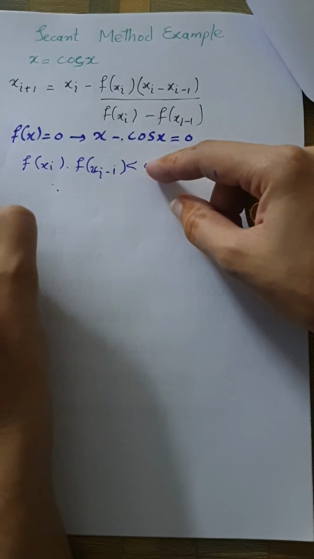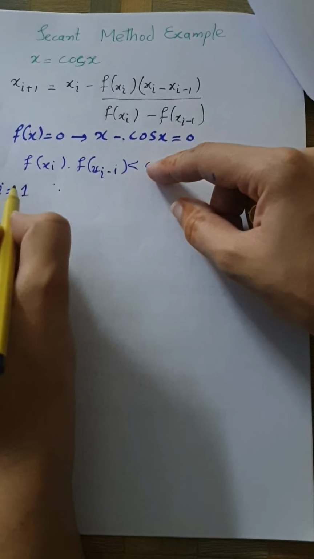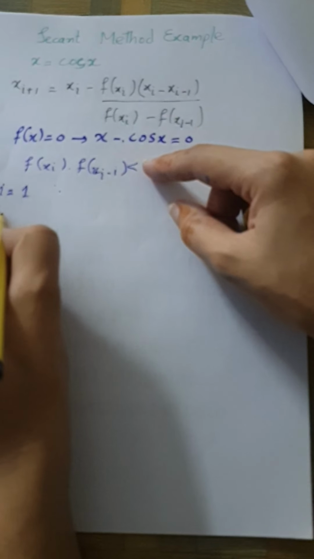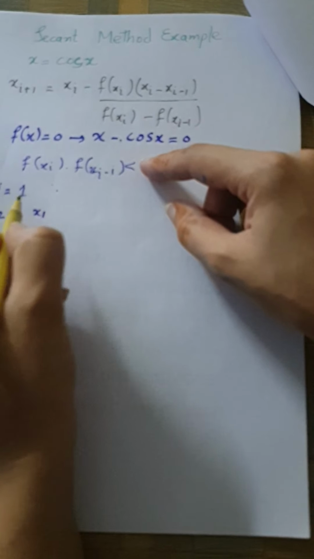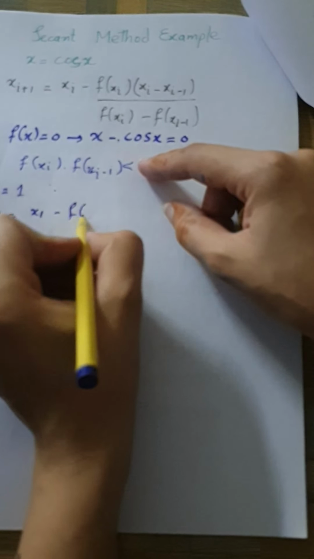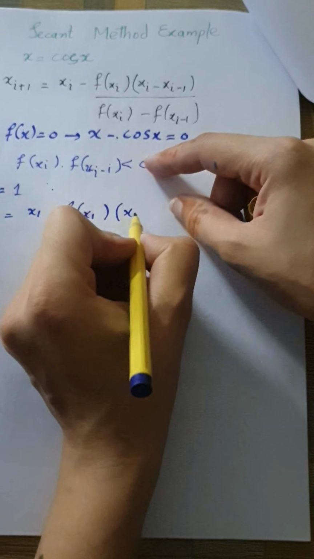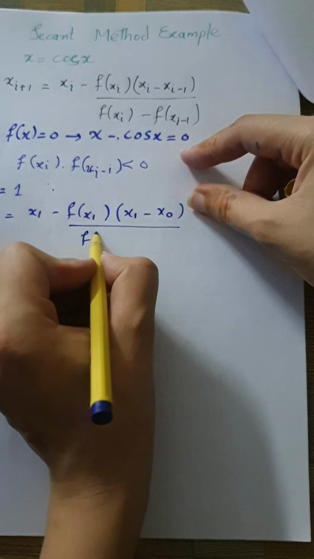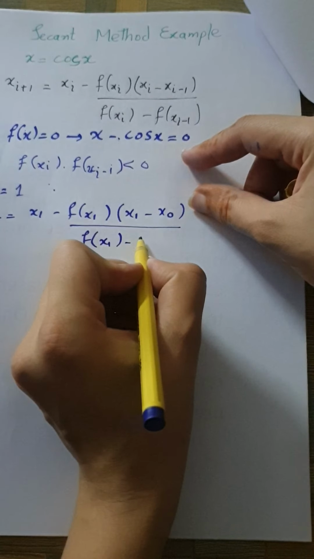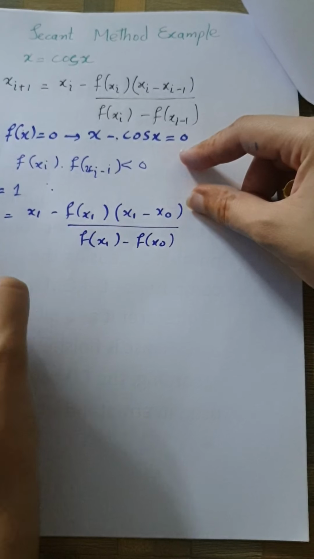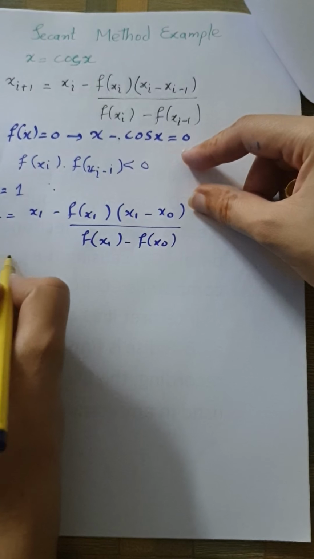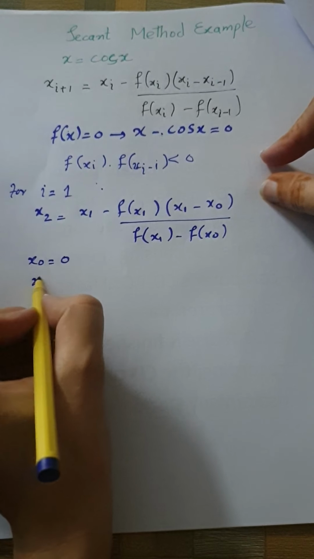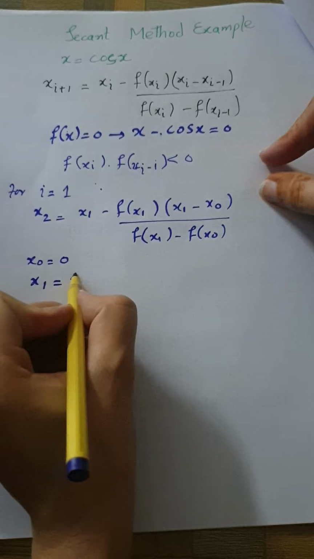So for i equal to 1, the formula translates to x2 is equal to x1 minus f(x1) times (x1 minus x0) divided by (f(x1) minus f(x0)). Let's say x0 is equal to 0 and x1 is equal to 1.